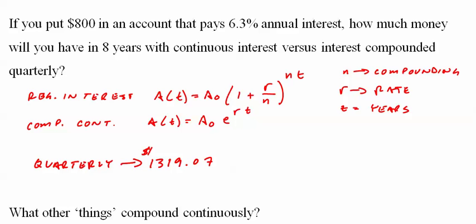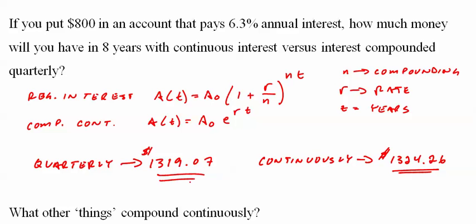If you did it continuously, you would get $1,324 and 26 cents, to which most people say, well, big deal, it's $5 and change, and that's over 8 years. Who cares? Well, if you're a multi-million-dollar investor, you would care.